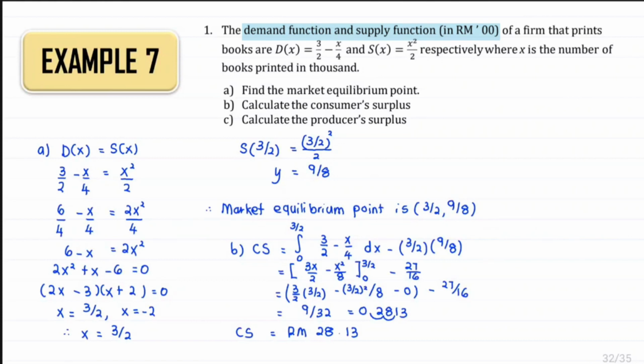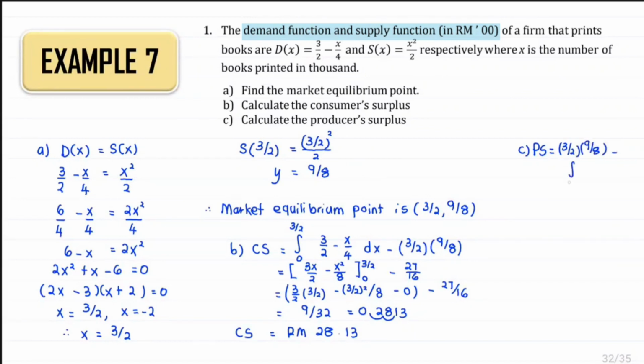Okay, and last C, we find producer surplus. PS equals xy, x 3 over 2, y 9 over 8, minus integrate from 0 to x, 3 over 2, function for Sx, x square over 2 dx. Then we get 27 over 16 minus x cubed over 6 from 0 to 3 over 2.